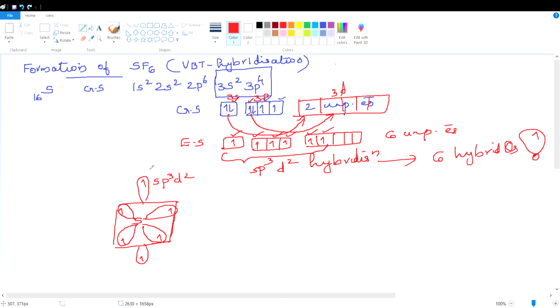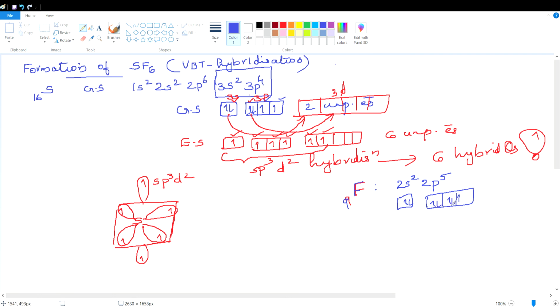And each of the half-filled sp3d2 hybrid orbitals would now overlap with the fluorine orbital. Fluorine has atomic number 9, and its electronic configuration can be written as 1s2, 2s2, 2p5. This is the configuration: 2s with 2 electrons, 2p5: 1, 2, 3, 4, 5.